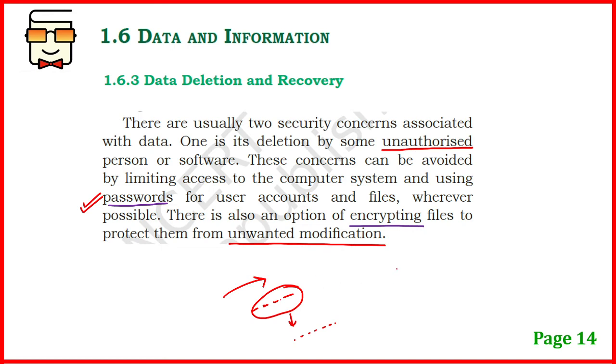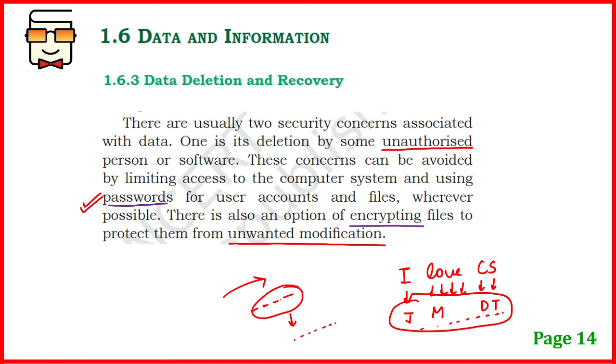Basically, see, if I am writing I love computer science, then if I replace each of these characters with the alphabet just appearing after it, okay, so if I replace I with J, L with M, C with D, and S with T, then when I write this complete sentence, it will not make sense to the reader if someone does not know how this data has been converted from the original text.